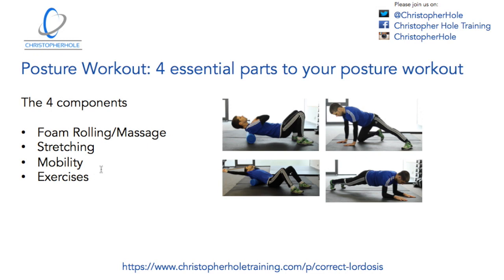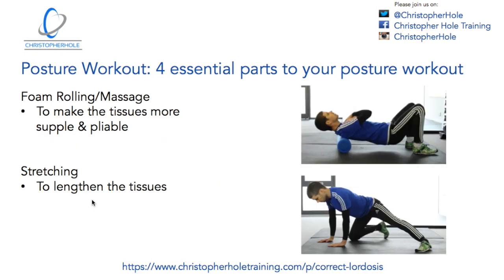What they need is to foam roll and massage, stretch, mobilize, and then encourage that new posture with stabilizing and strengthening exercises. So, from a short answer, those are the 4 components. What we're now going to look at in the next 2 slides is how and why to apply them.